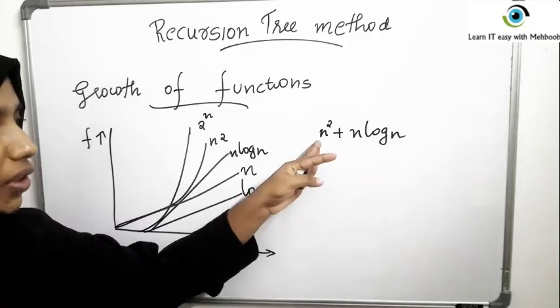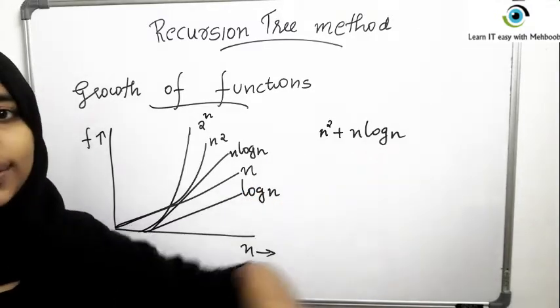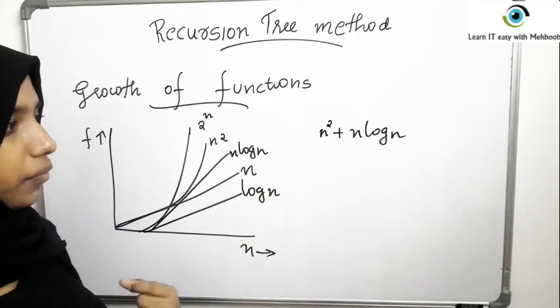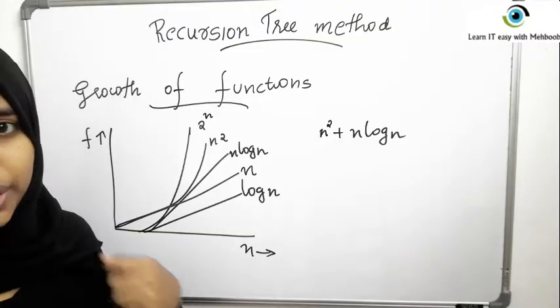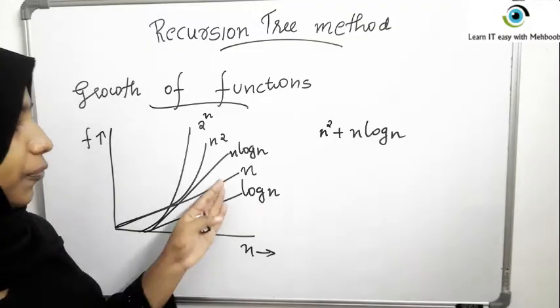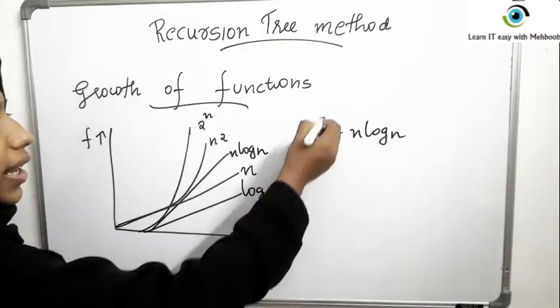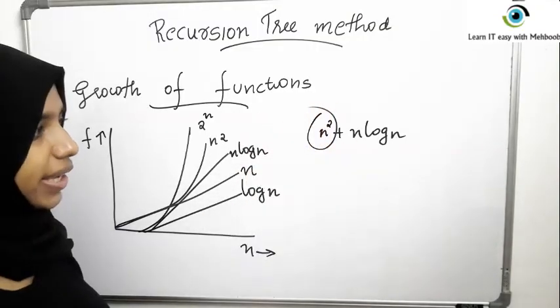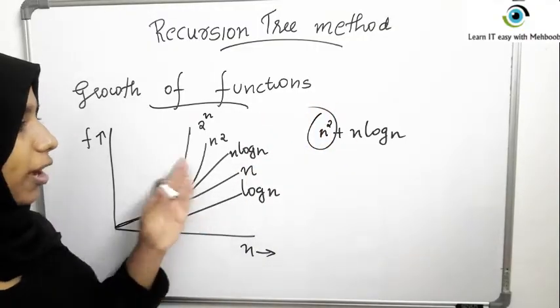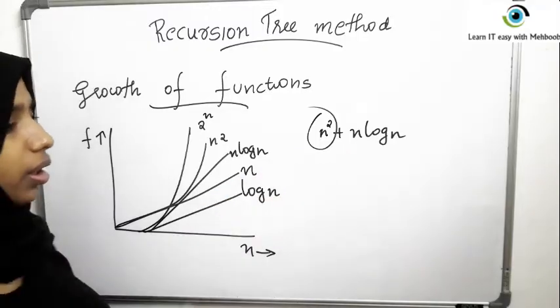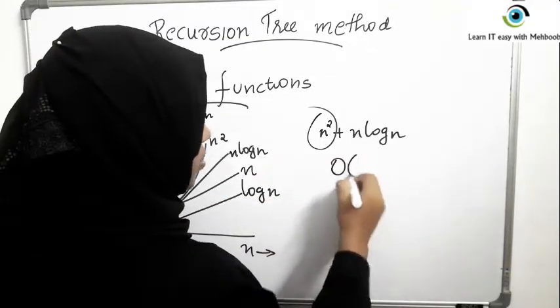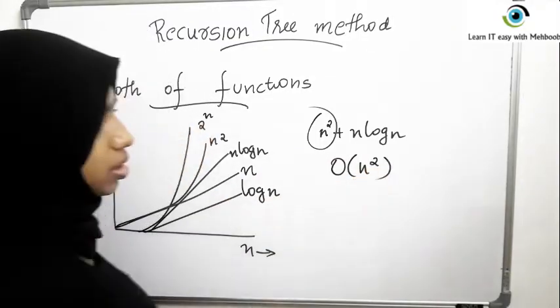So you'll be confused whether n square or n log n is the term of n which gives you highest value. If you look at this, you can understand that n square is the highest value term of n. So you have to take n square and write this complexity as order of n square. That is the relevance of this.